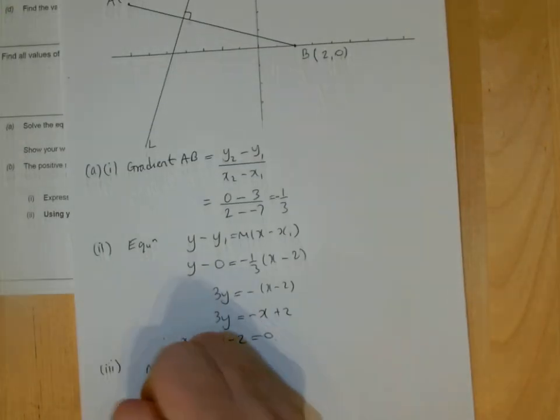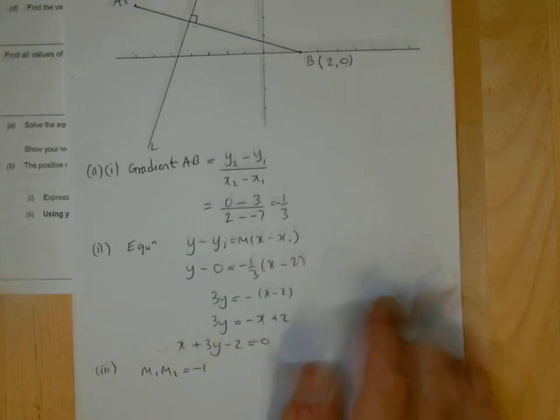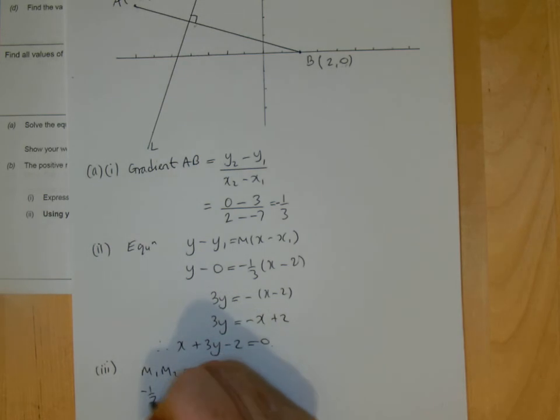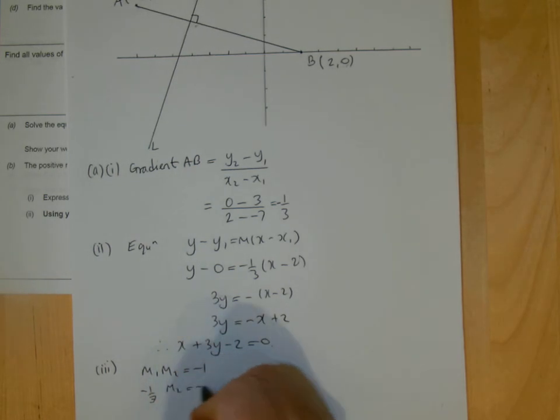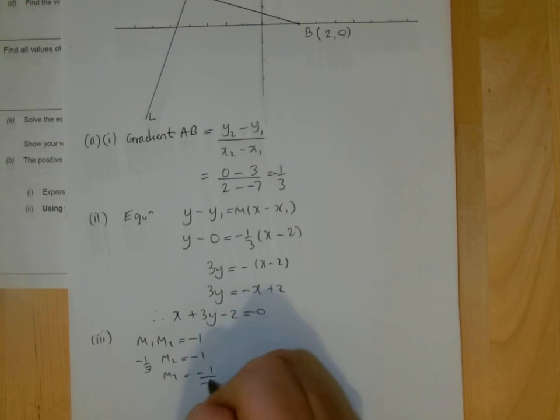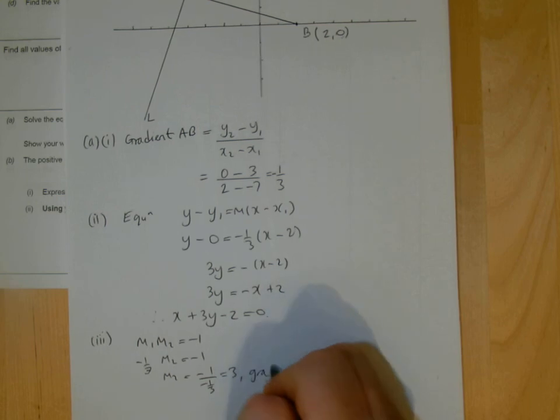So if we use m1 times m2 equals minus 1, because it's perpendicular, the gradient of AB is minus 1/3. So take the minus 1/3 over the other side and divide by it. When you've got that, the two minuses cancel, become a plus, flip up the fraction, so 3 goes on the top. So that will be the gradient of L.